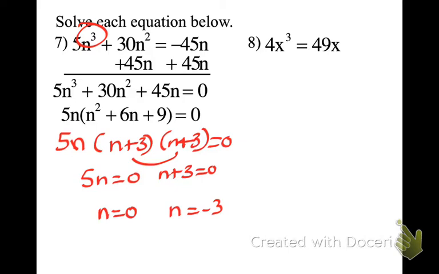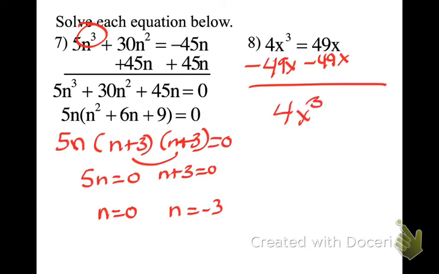On the next one, what am I doing? Send it over to the side where the x squared or the biggest x is. Minus 49x, minus 49x. And we are left with 4x cubed minus 49x equals 0.